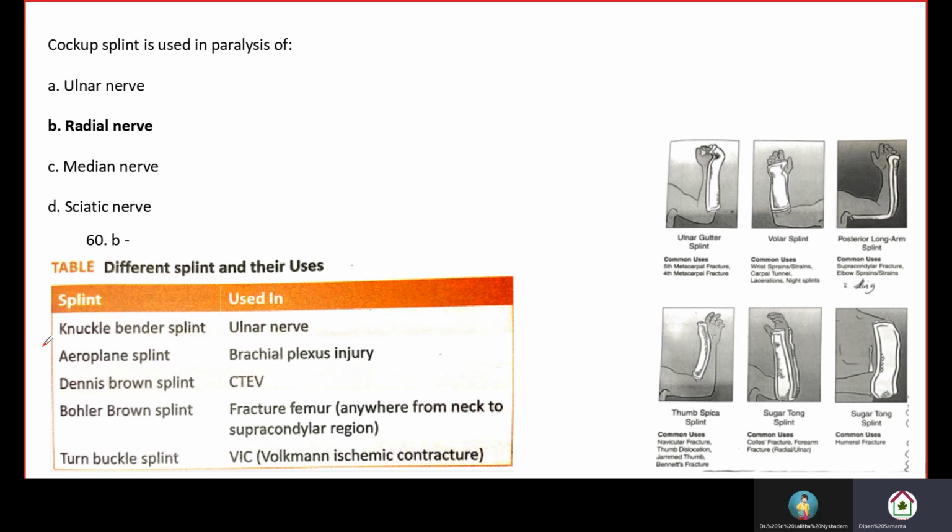Other splints are given, like knuckle bender splint used in ulnar nerve palsy, aeroplane splint in brachial plexus injury, Denis Browne splint in CTEV, Bohler-Braun splint in fracture femur, turnbuckle splint. So all the splints' names and the conditions in which they are used are very important. In orthopedics, you must go through this table and remember the splints that are used in each of these respective nerve injuries or conditions.